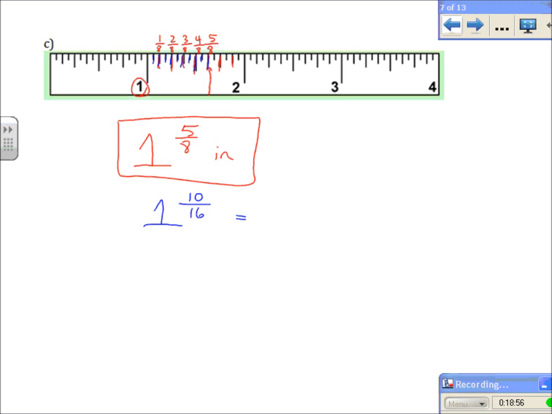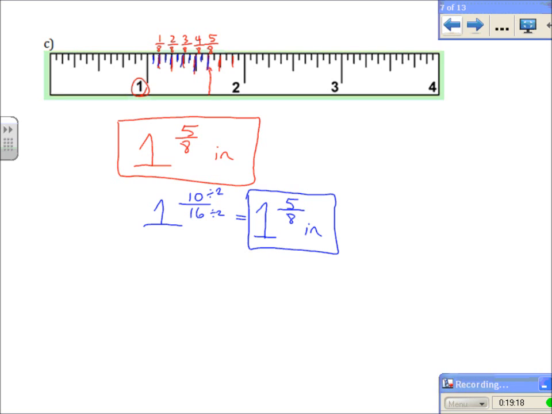In this case, it's just a 2. Nothing greater than a 2 will divide into those numbers. So I get 1 and 5/8 inches.